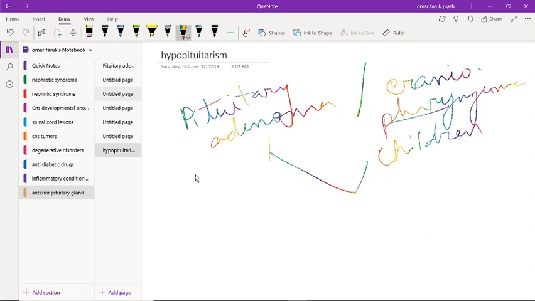It may be due to mass effect or pituitary apoplexy.